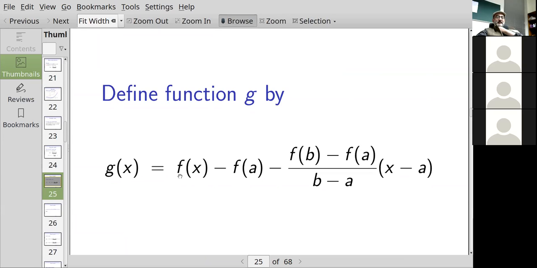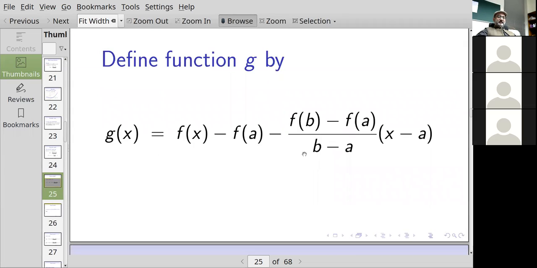Sir, can you start from the part where you said you would invent some function? Yeah, this g of x is the new function that I'm inventing to prove the mean value theorem. And it's going to satisfy the requirements for applying Rolle's theorem. So I'm going to use Rolle's theorem to prove the mean value theorem.